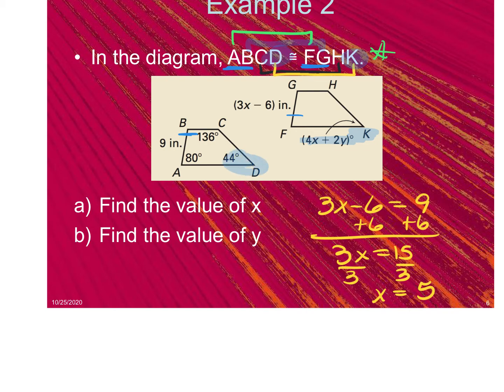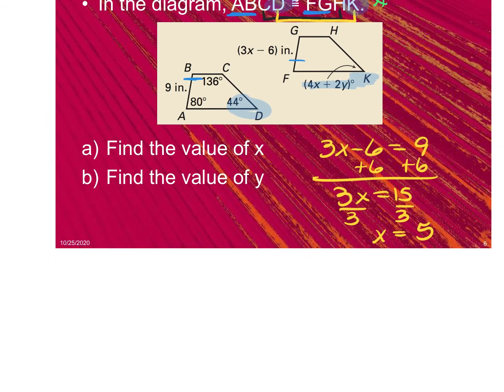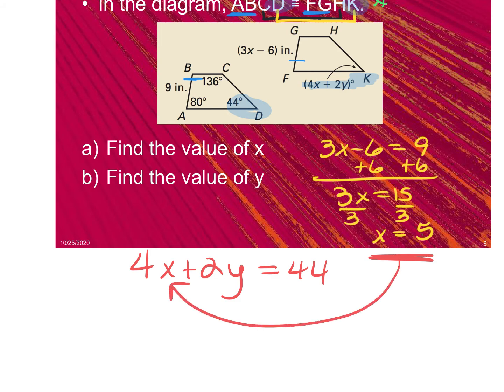So my equation that I'm going to set up to solve is going to be 4x plus 2y equals 44. Now you might say, well, you have two variables. How can you do that? I just found the value of x. I'm going to plug that in to my equation here.